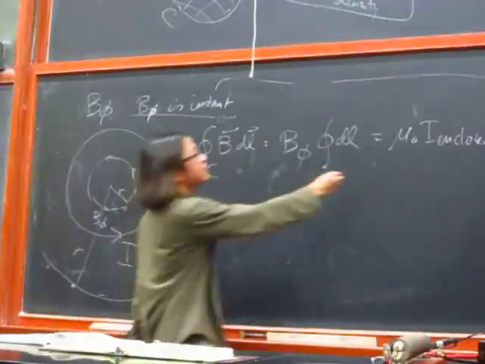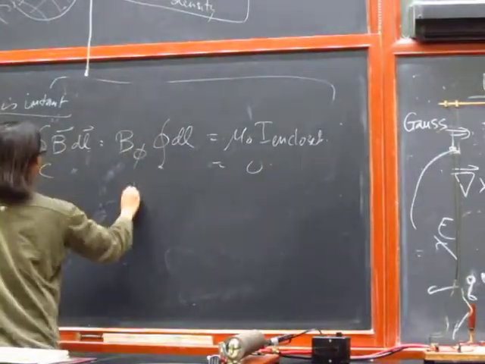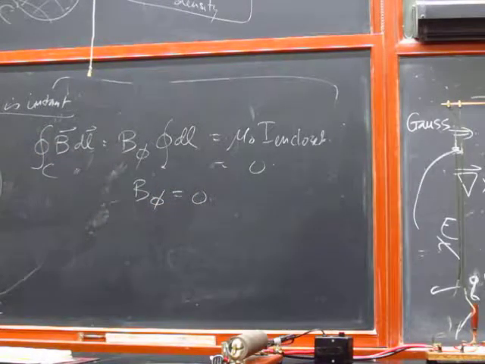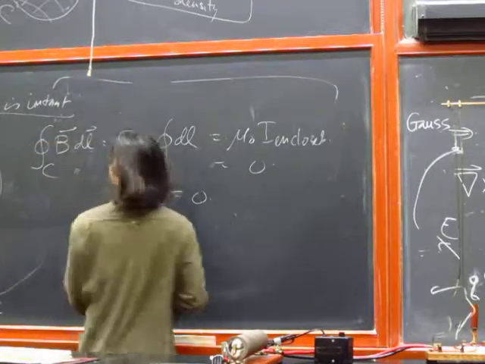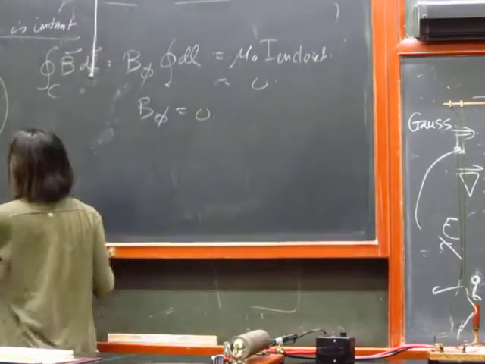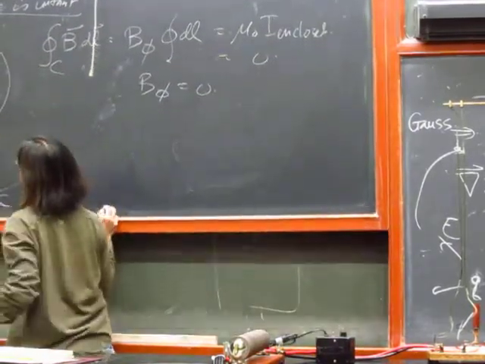Then the current enclosed is 0. Therefore, the tangential B field is 0. I'm going through this slowly because this is really important, as far as the derivation goes, and also it's important for you to know this to solve problems.